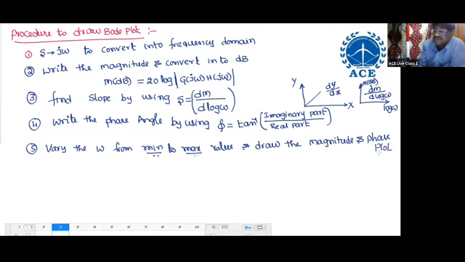This is the procedure. So if any problem is given, you have to follow these 5 steps, then you will get the answer.